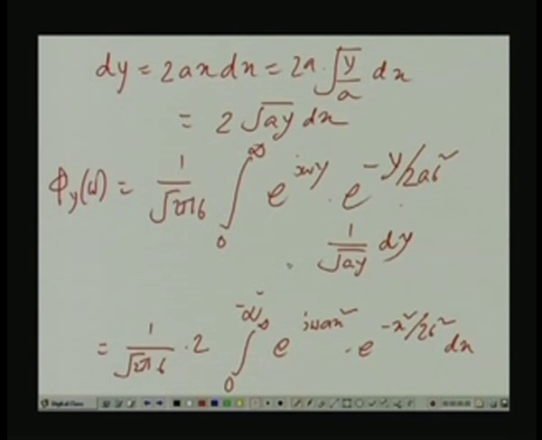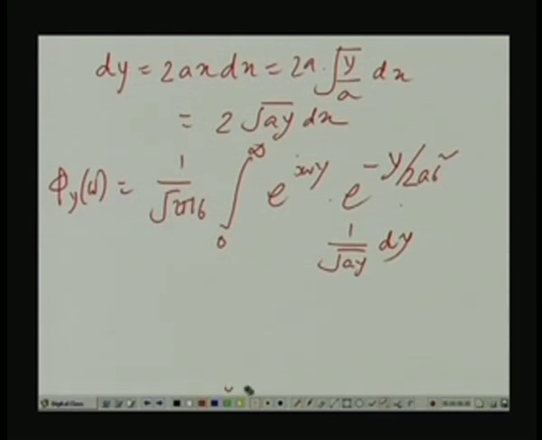Which means this quantity, 1 by root 2 pi sigma e to the power minus y by twice a sigma square, into 1 by square root of a y. This is your p y y.